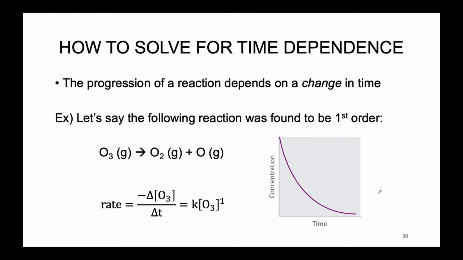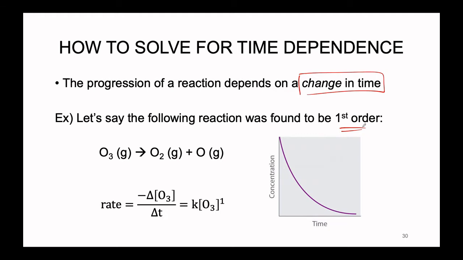All right, so the progression of our reaction depends not only on the time point specifically, but as we have seen, on the change in time. This is going to be incredibly important for us as we move forward solving for the time dependence. All right, so let's say hypothetically, the decomposition of ozone into O2 gas as well as single oxygen gas is found to be first order.